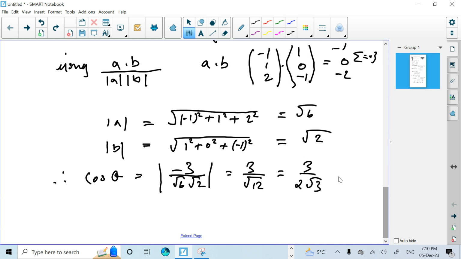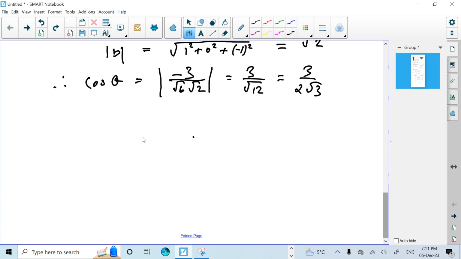We've got to rationalize the denominator, of course, so therefore that will give you 3 over 2 root 3, and we've got to multiply by 2 root 3 over 2 root 3, and that will give you 6 root 3 over 2 root 3 times 2 root 3.